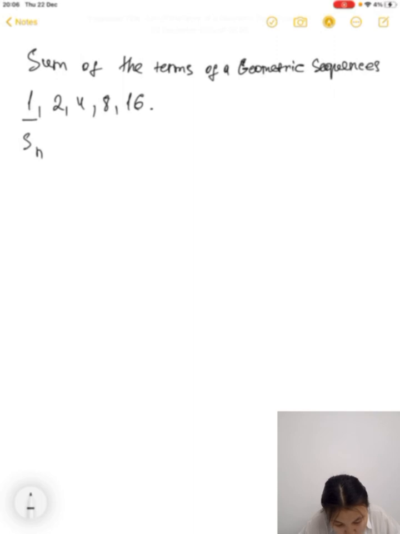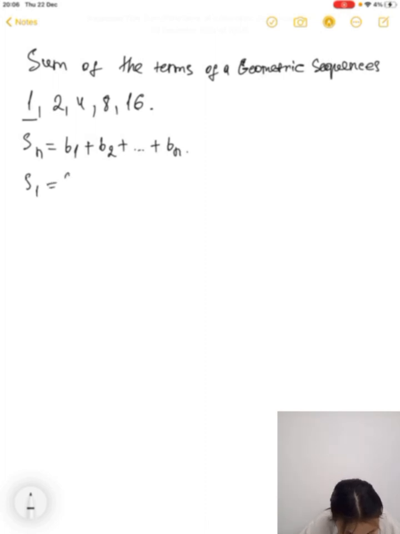S sub n is equal to b sub 1 plus b sub 2 plus and so on, plus b sub n. S sub 1 is equal to b sub 1, and S sub 2 is equal to 1 plus 2, which is equal to 3.